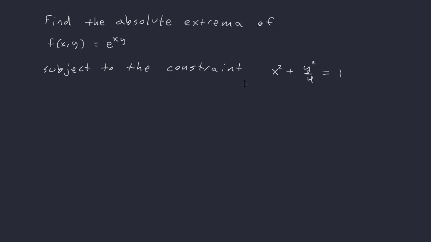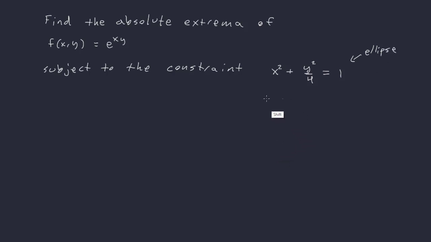All right, so let's look at another example here. If we want to find the absolute extrema of f of x y equals e to the xy, subject to the constraint x squared plus y squared over 4 equals 1. So this constraint here, this is an ellipse. Right?